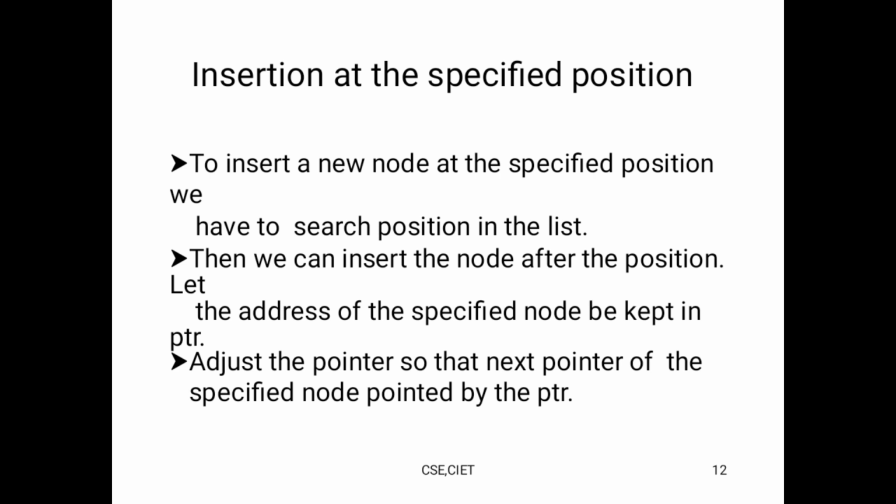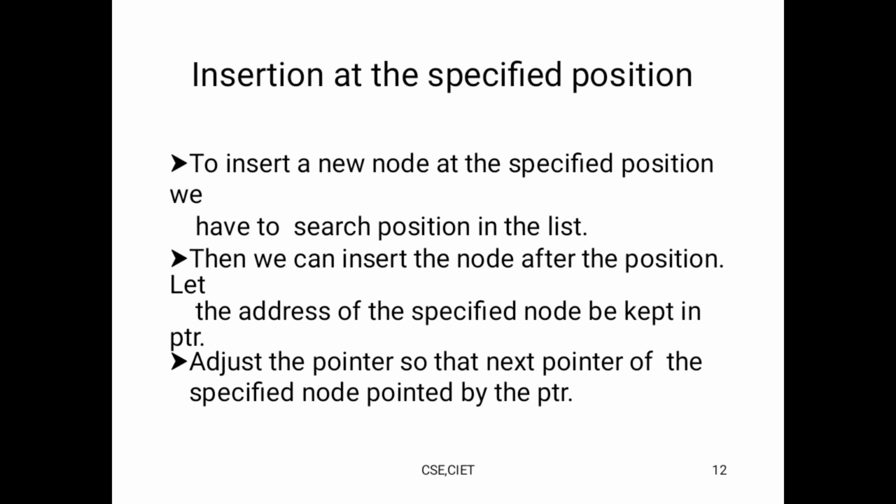So for the position where we want to insert an element, we have to store the specific address of the element before it in the pointer and adjust that pointer.